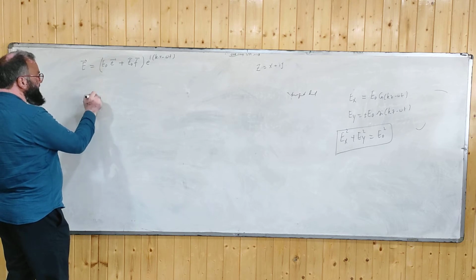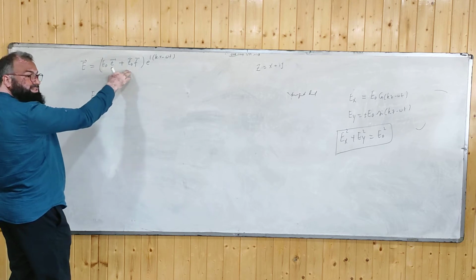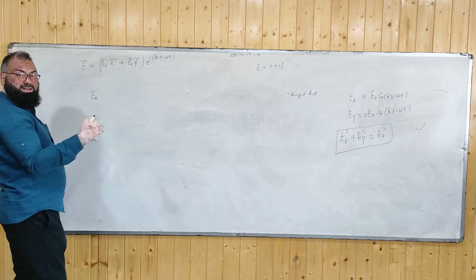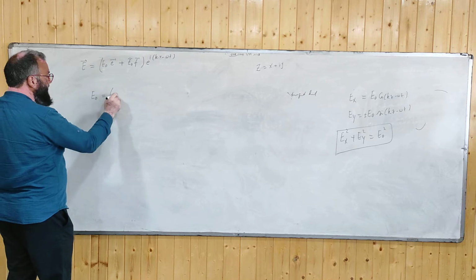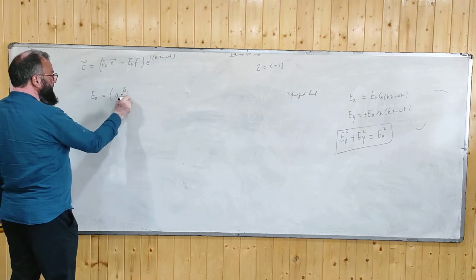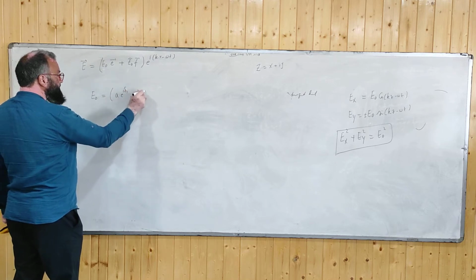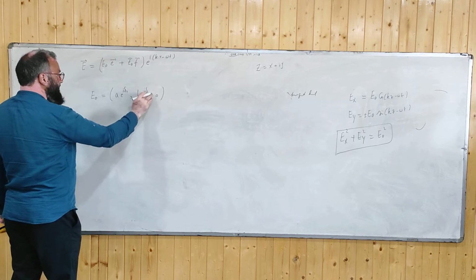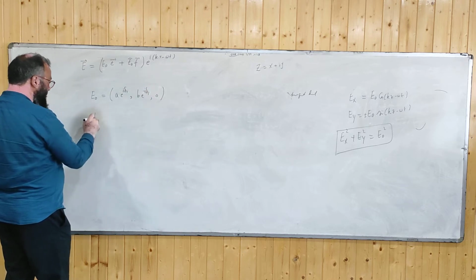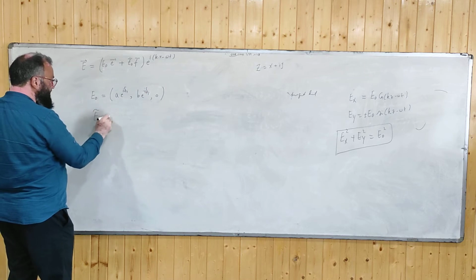Since E0 and E0 tilde are in general complex numbers, let's choose E0 to be A e raised to i delta 1, B e raised to i delta 2.